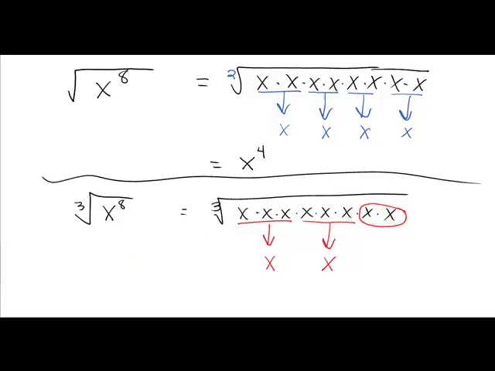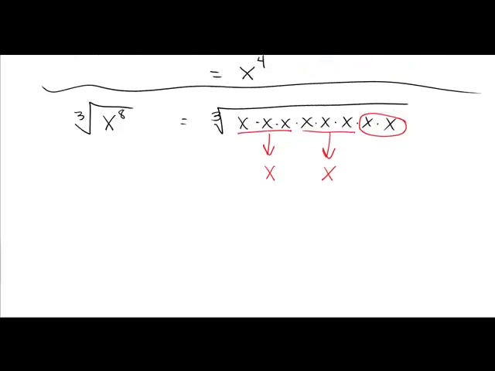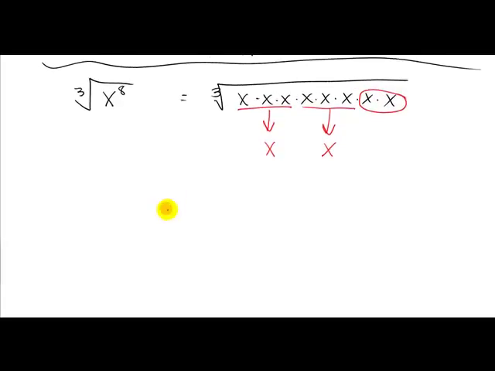So when we go to write our answer, we have x squared. These are the ones that are going to be on the outside of the radical, times the cube root of x, and there's 2 of them, squared.